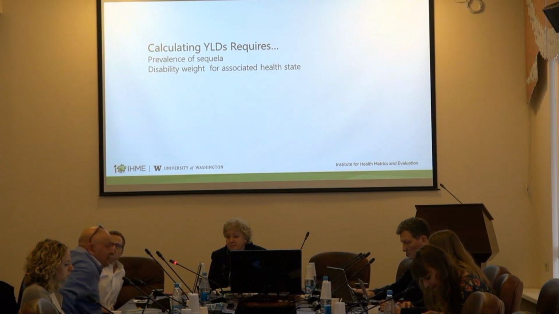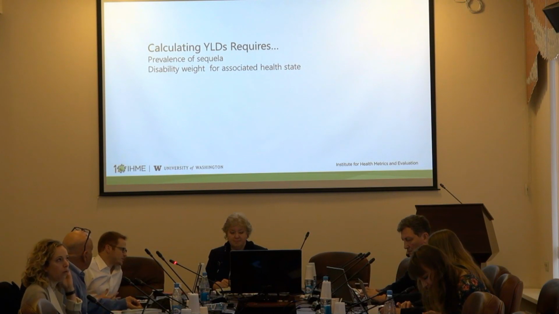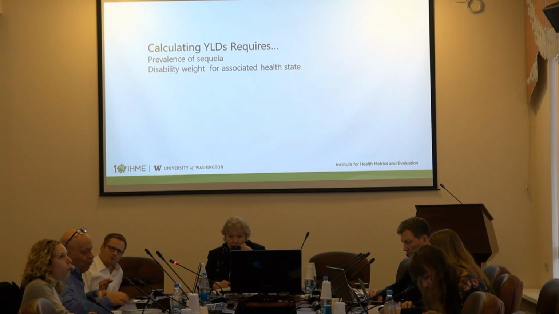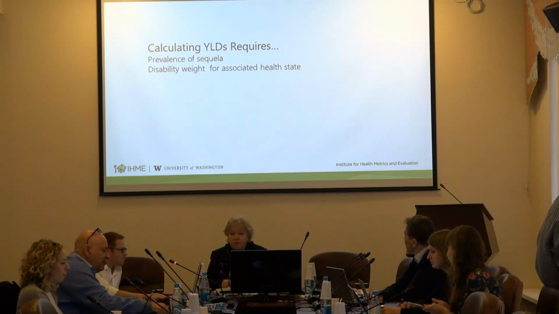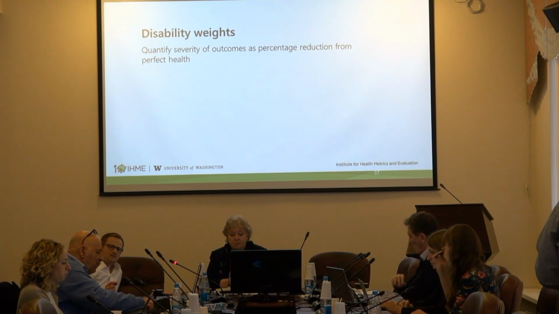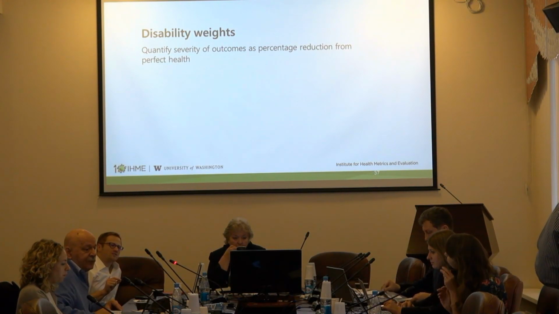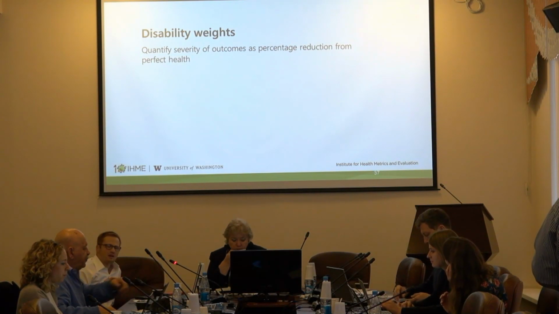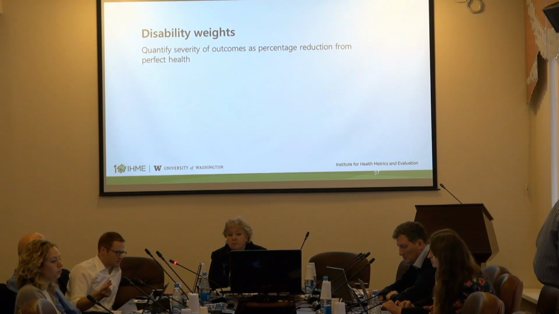So before we took the break, we had discussed how we estimate prevalence, the data we use, and the modeling techniques. The second part of calculating YLDs is the disability weight. Disability weights are ways to quantify the severity of outcomes, and they are quantified as a percentage reduction from perfect health.